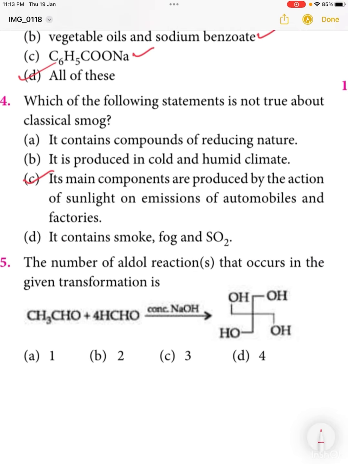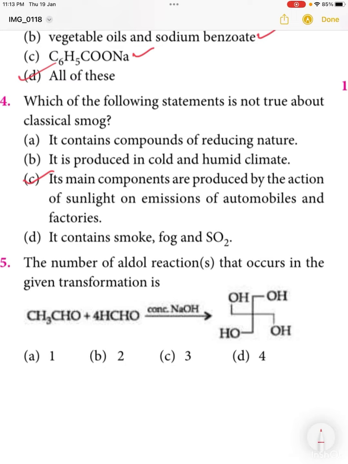Next, the fifth one. The number of aldol reactions that occur in the given transformation: acetaldehyde when reacts with 4 moles of formaldehyde in the presence of concentrated NaOH will give this product. So here he is asking the number of aldol reactions.